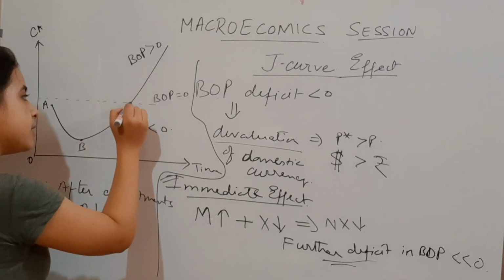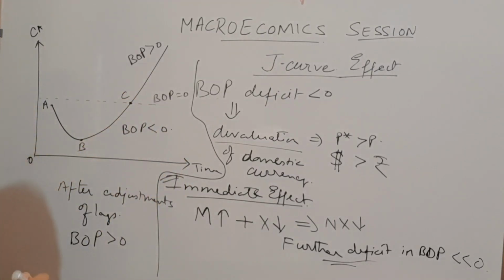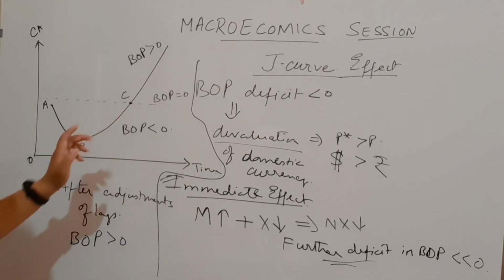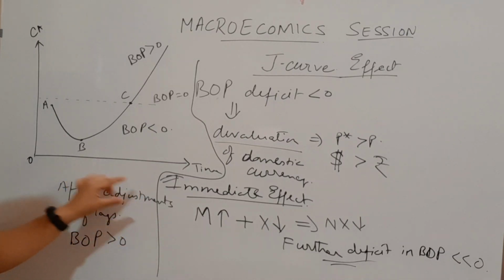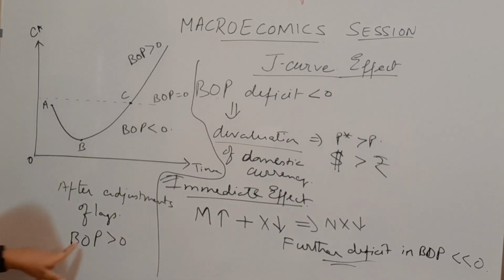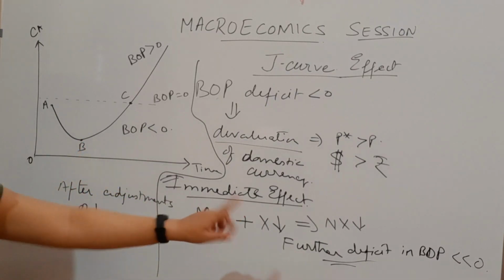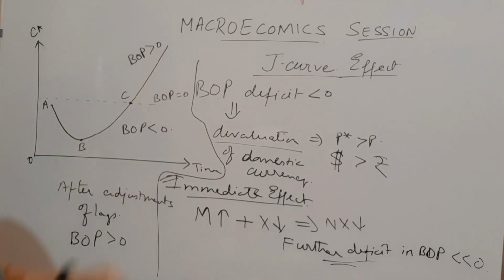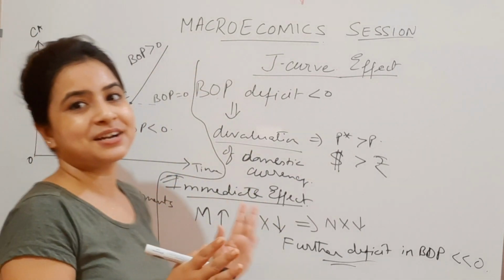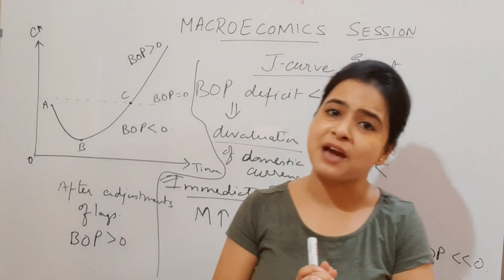Now, this is a part, let me represent it by C. This is the part when this adjustment is going on, that means we can find that this BOP from negative is becoming equal to 0 first, and then it is increasing and becoming positive. Okay, so this is what the J-curve effect is in a very crisp and lucid manner.